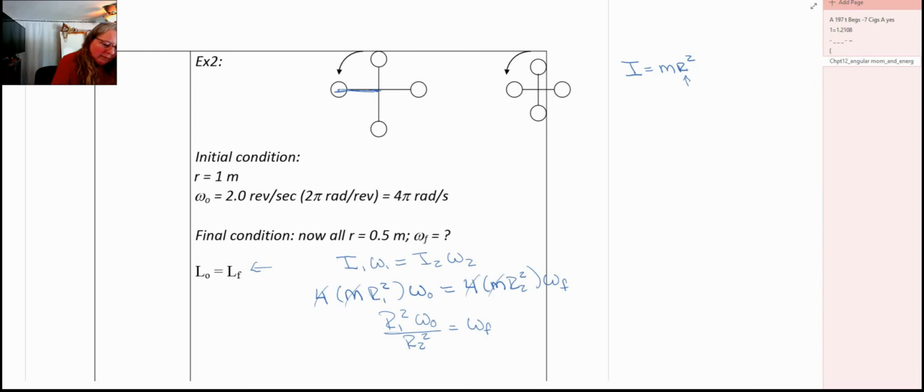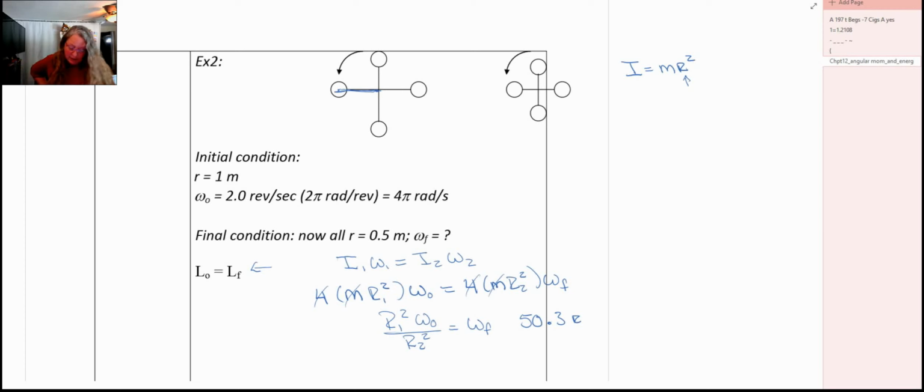And I get 50.3 radians per second. And I apologize, I'm trying to multitask right now. It's not going very smoothly.